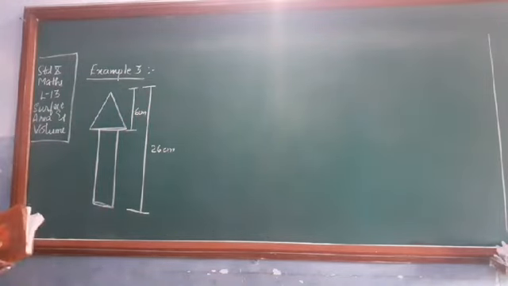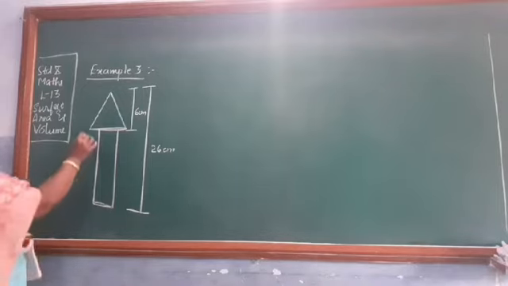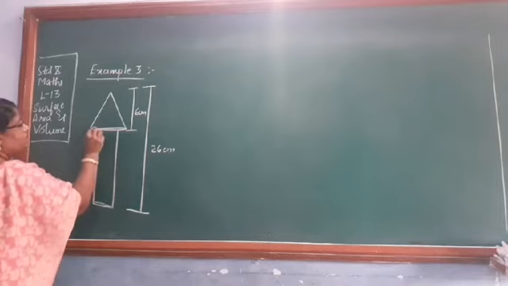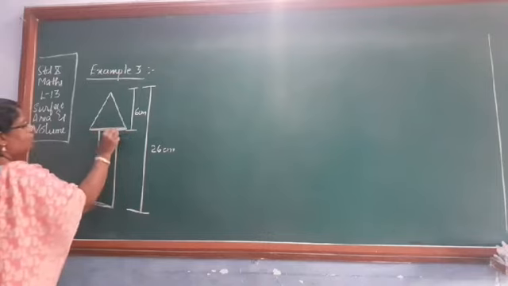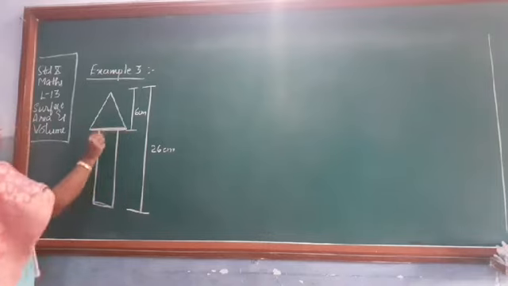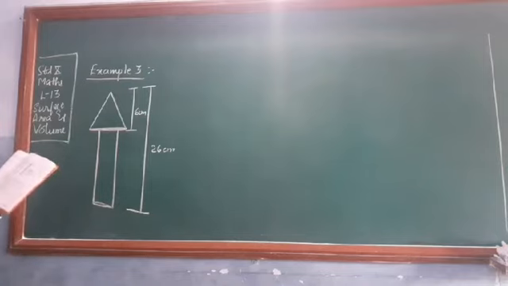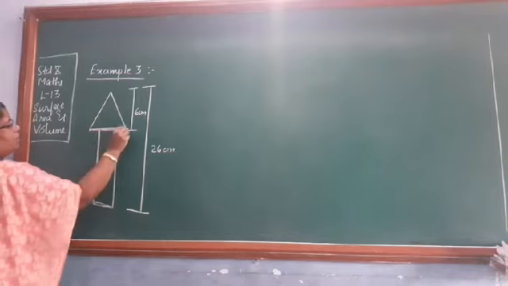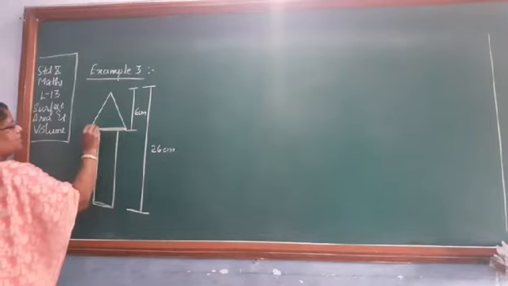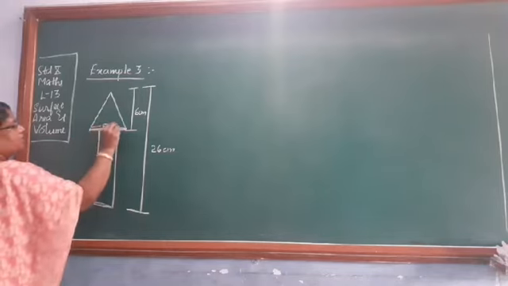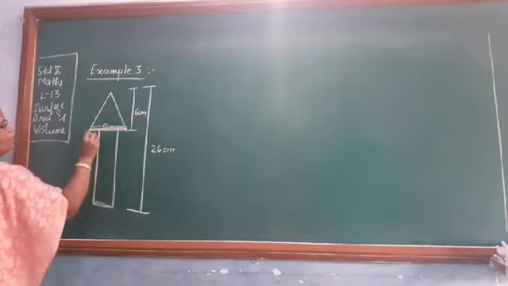Okay. Then, base of the cone, that means this particular region, this base of the cone, has a diameter of 5 centimeter. Means from here to here, the distance is 5 centimeter. That means radius will be, what will be radius?